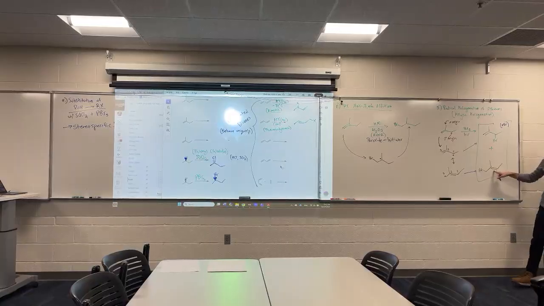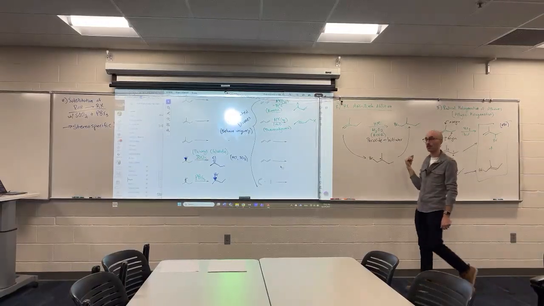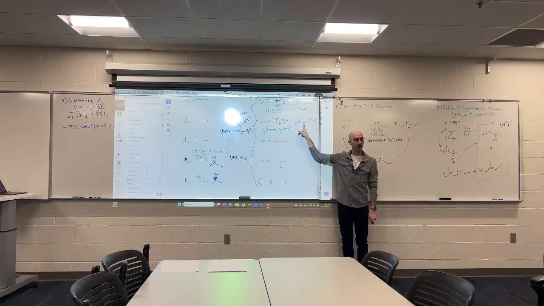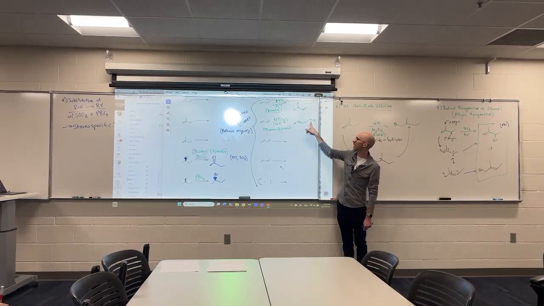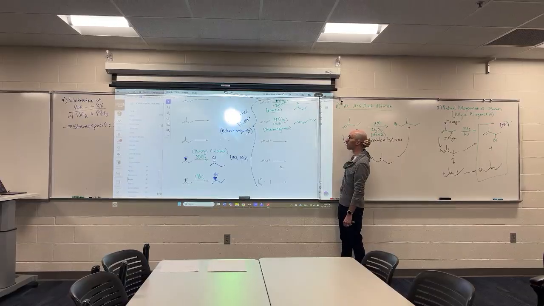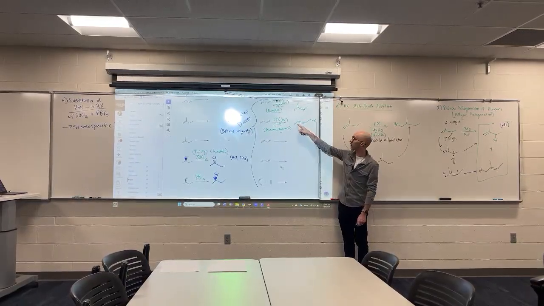Given the fact that we know pi bonds can move around in resonance, what do we know about this? Saying like this plus this. Oh, you're saying the... and keep the halogen here?